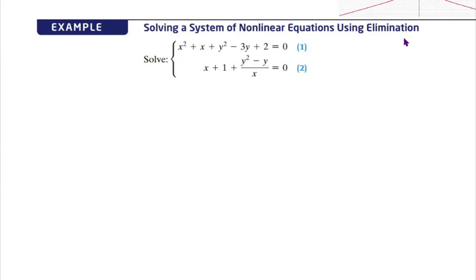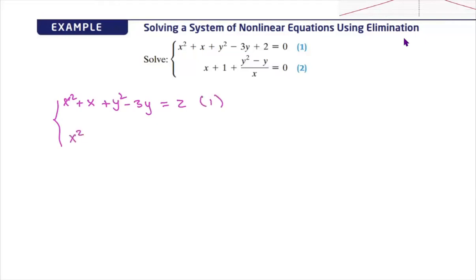So we're going to write equation 1 just like it is. Equation 1 would be x squared plus y squared minus 3y plus 2. We can even move the plus 2 over. That makes it -2 on the other side. And we'll multiply by x, which means we're not going to have any constant. So that's going to be equation 1.